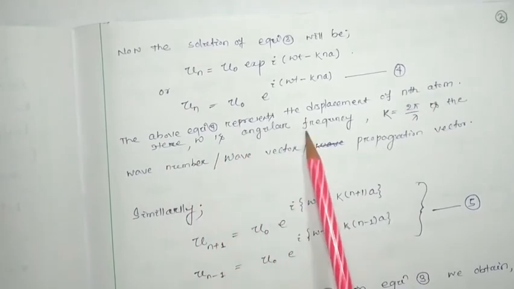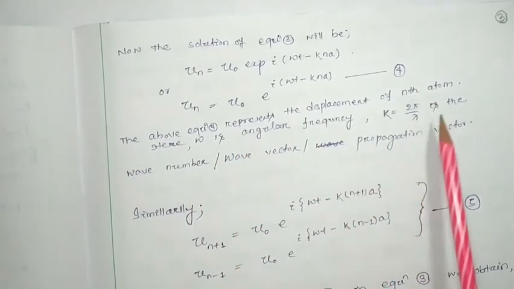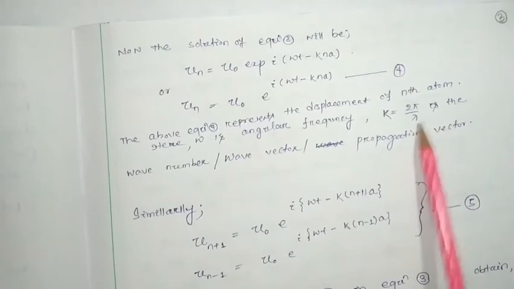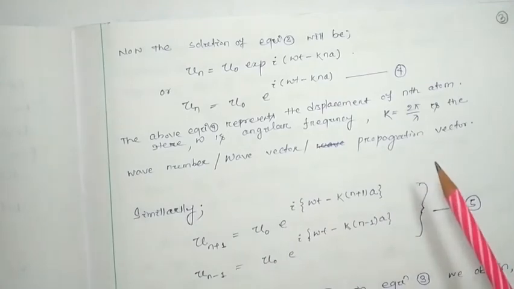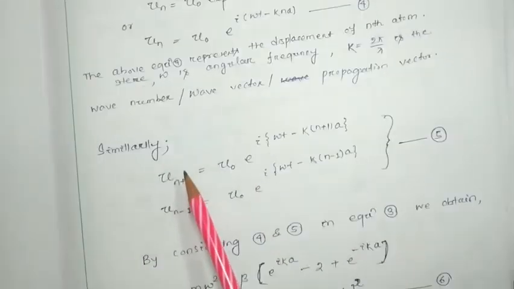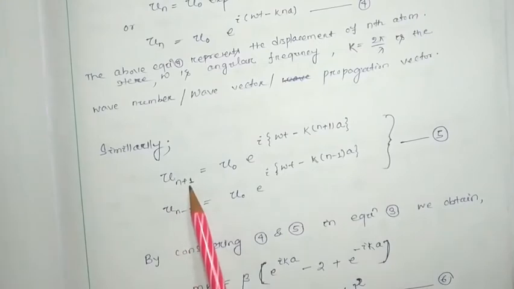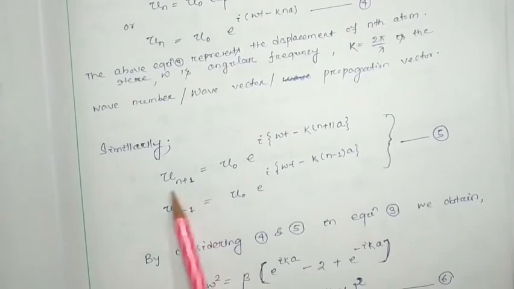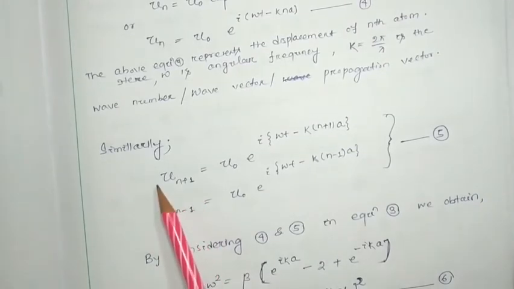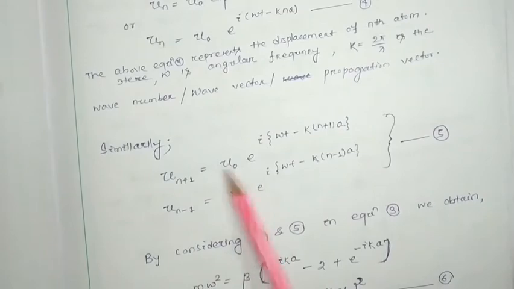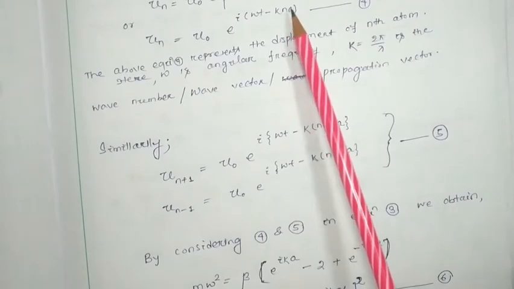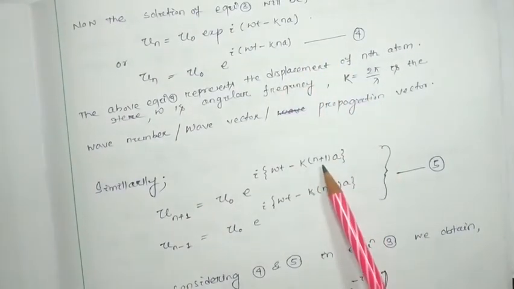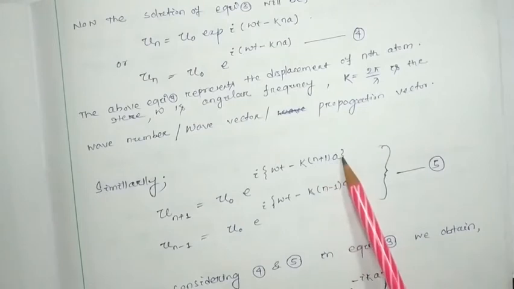Here omega is the angular frequency, k is 2 pi by lambda, that is nothing but the wave number, wave vector or propagation vector. Similarly, the displacement of the n plus 1th atom, that is un plus 1, will be equal to u0 e to the power i omega t minus k into n plus 1 into a, instead of n.